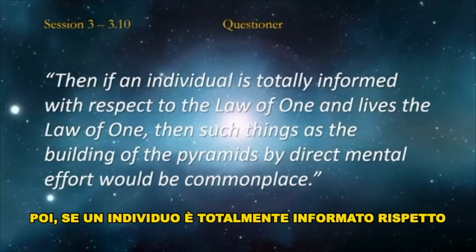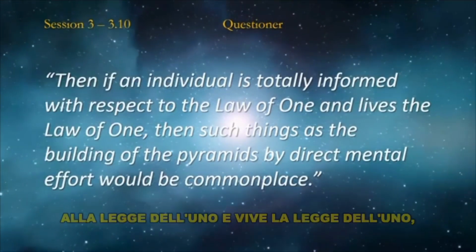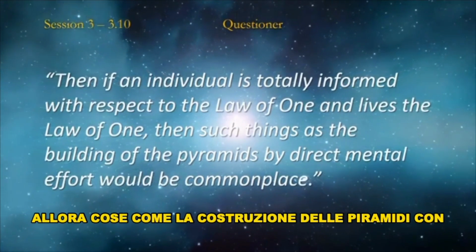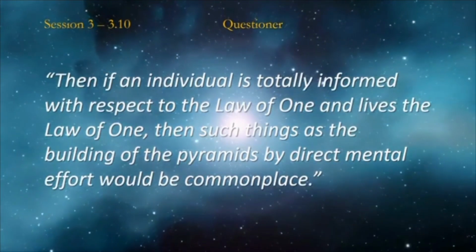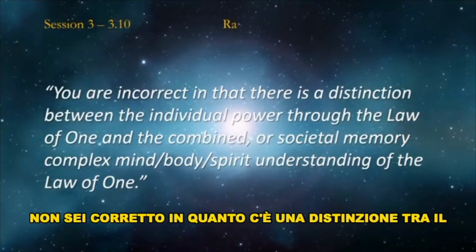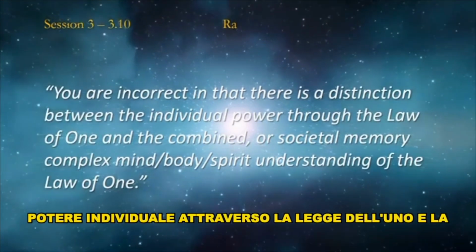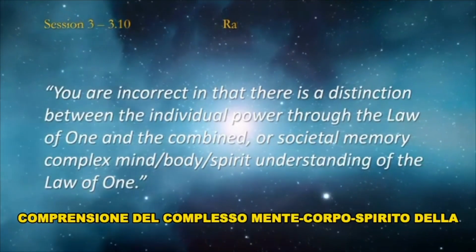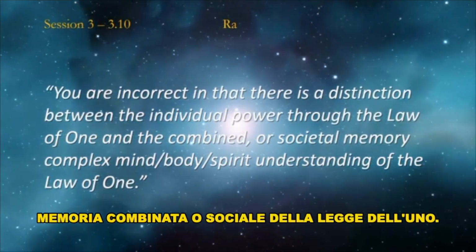Then, if an individual is totally informed with respect to the law of one and lives the law of one, then such things as the building of the pyramids by direct mental effort would be commonplace. Ra responds to this: You are incorrect in that there is a distinction between the individual power through the law of one and the combined or societal memory complex, mind, body, spirit understanding of the law of one.